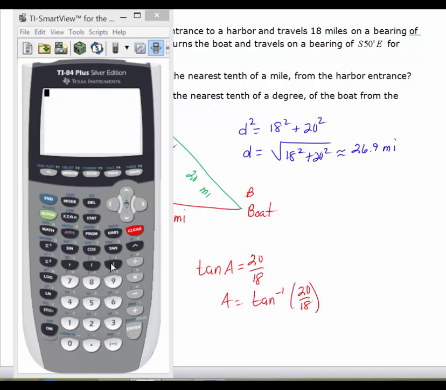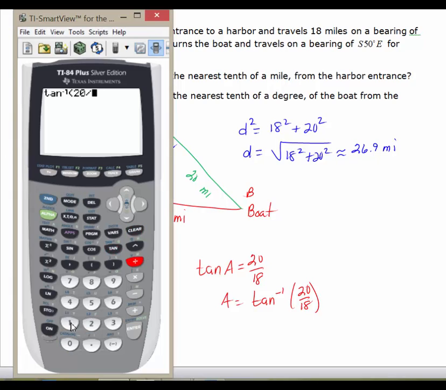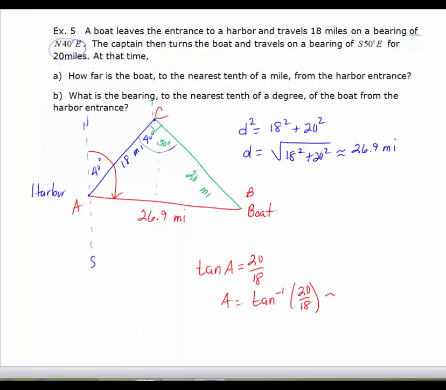Our calculator is in degree mode, so we'll do second tan 20 divided by 18. We get A is approximately equal to 48 degrees, rounding to the nearest tenth.